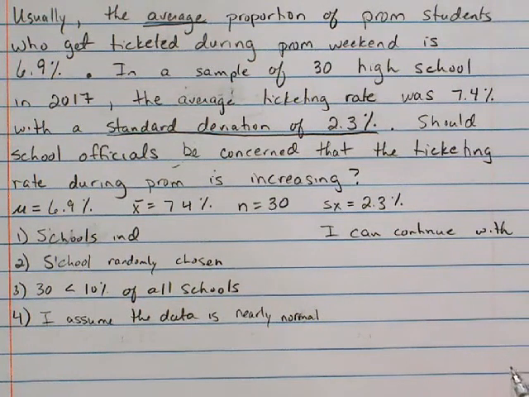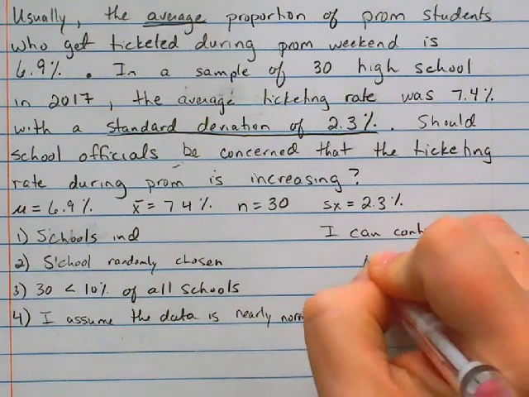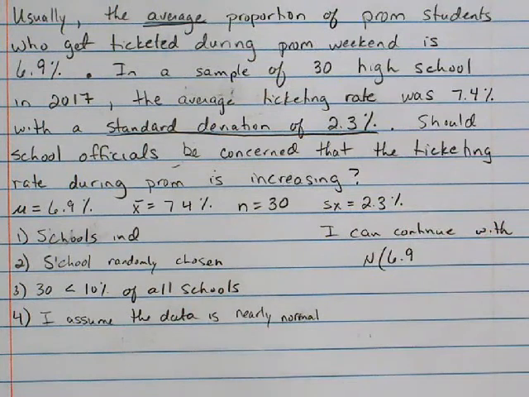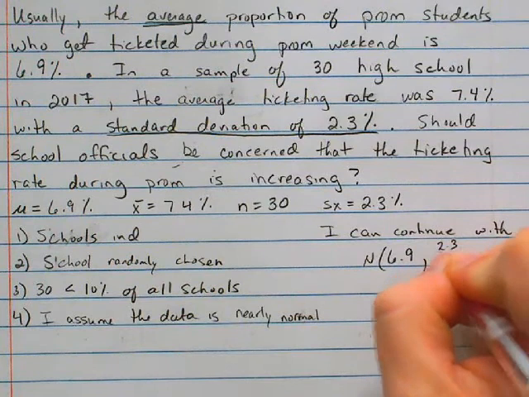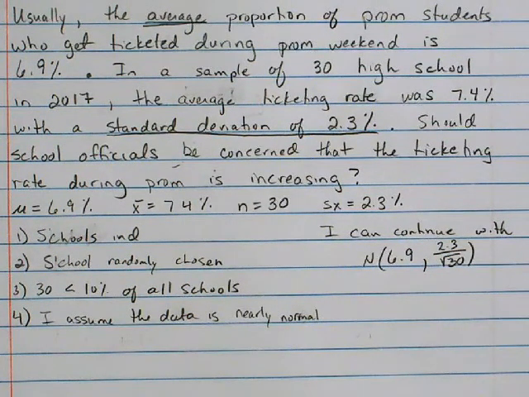My mu for my normal model is 6.9, right? But my standard deviation is going to be 2.3 over the square root of 30. Yes? Cool.